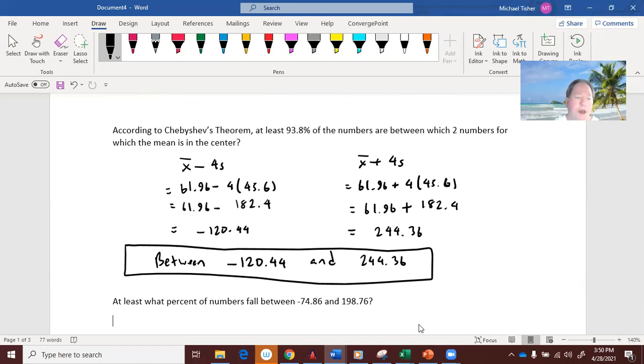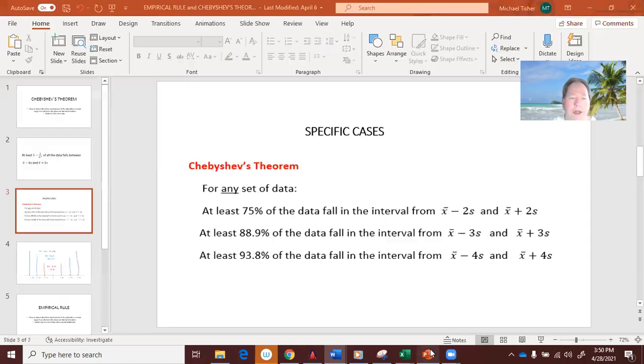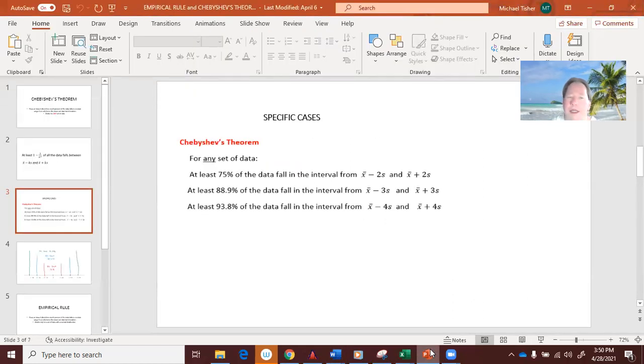Okay, so we want to know what percent. Now if I stick to the specific cases we have, the answer is either going to be at least 75%, or at least 88.9%, or at least 93.8%.